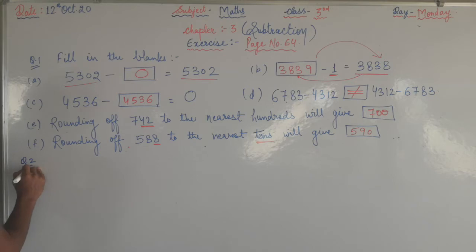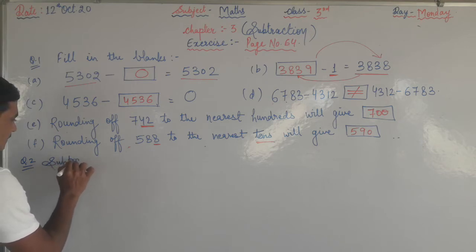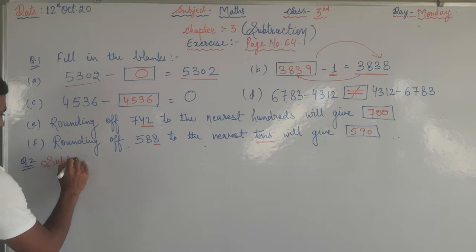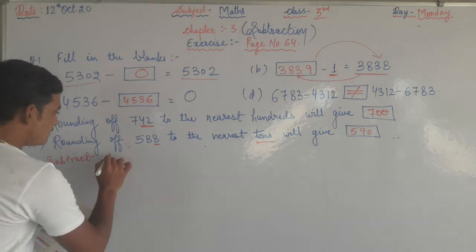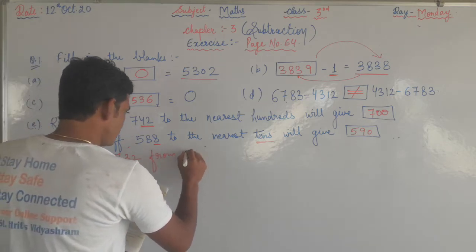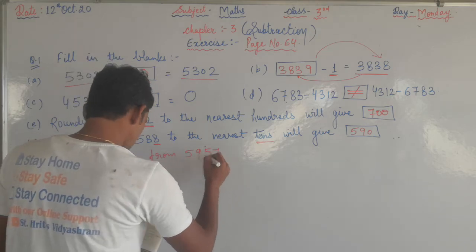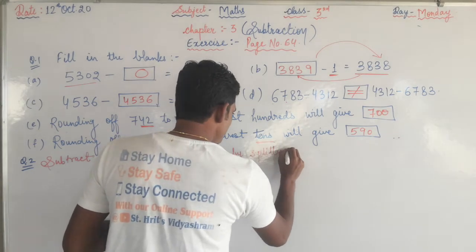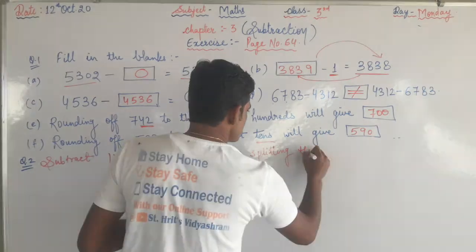See question number 2. In this you have to subtract 1732 from 5957 by splitting the numbers.